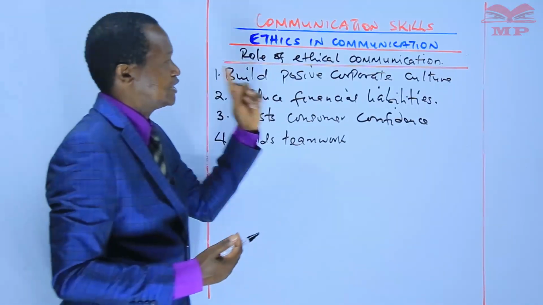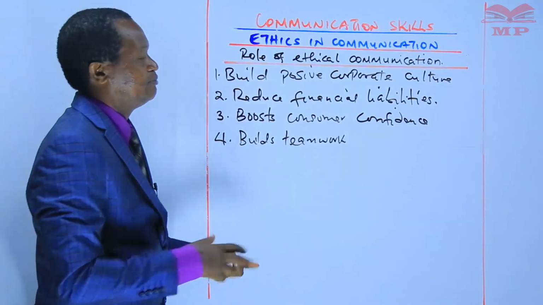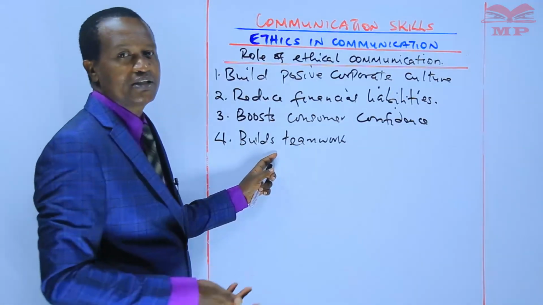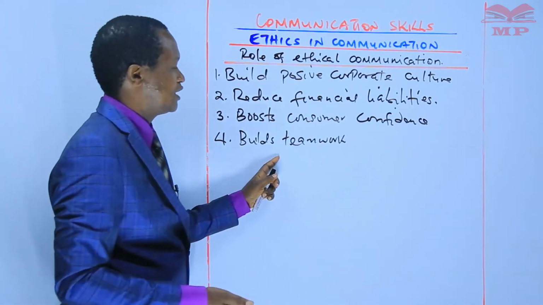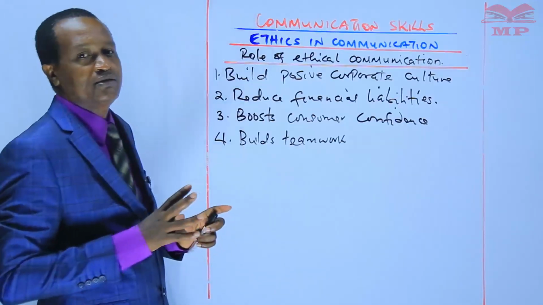So ethical communication may require that the beliefs of employees are respected, their values are respected, and when that happens, the employees are able to work together as a team, teamwork.